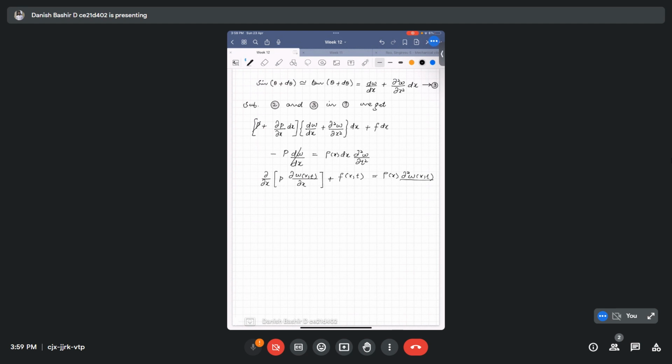Okay, so forced vibration equation of non-uniform string.